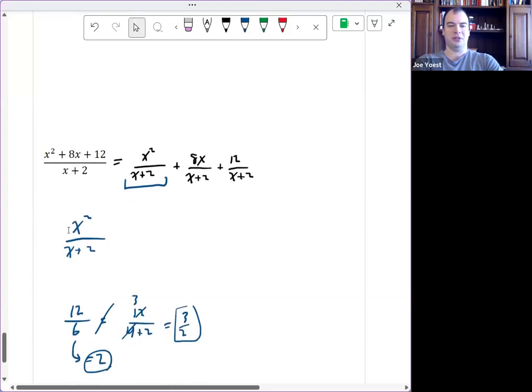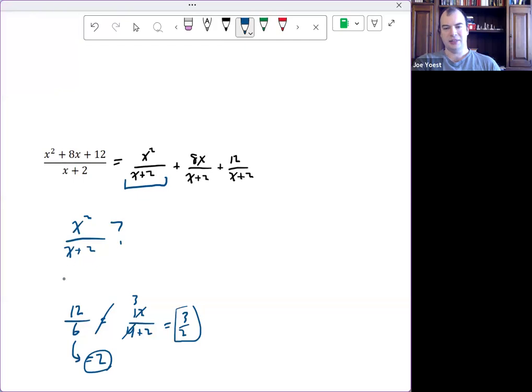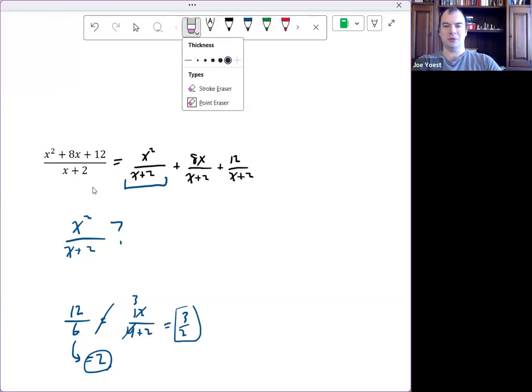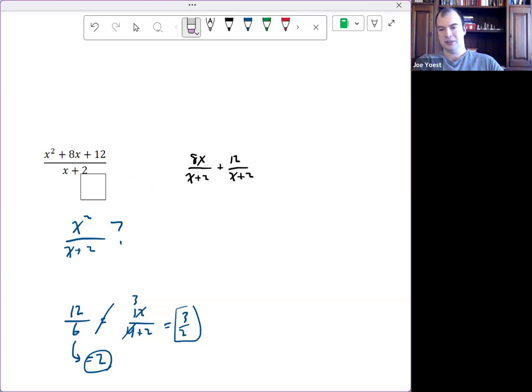I end up with something that's simple over complicated, and I'm not sure what to do here. I don't want to get stuck and then start getting careless with my properties. That's not the right way to go. We'll get an answer pretty easily, but it'll be the wrong answer.